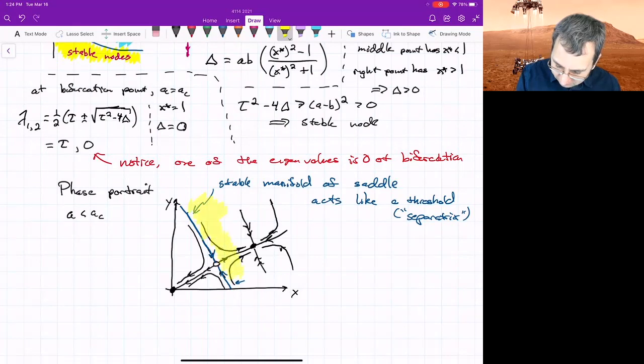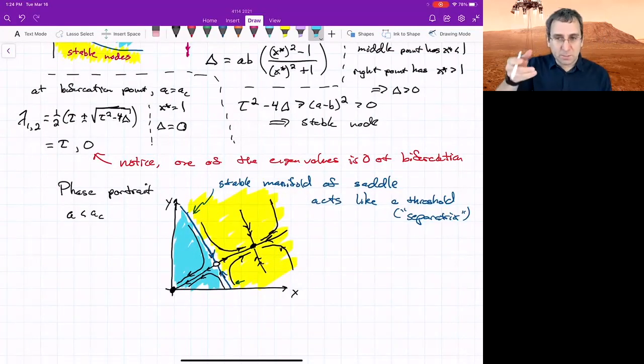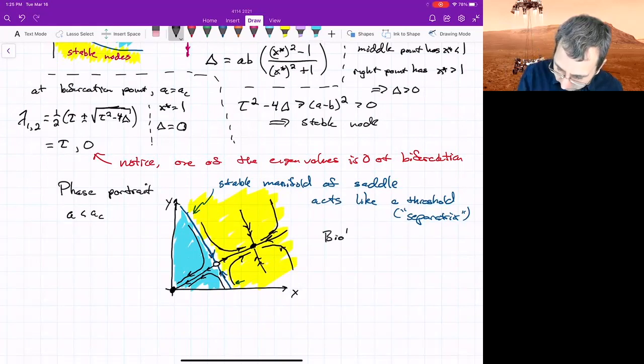You'll be settling down to something that's stable. And if you're below, then you'll be going down to the 0, 0, basically turning off. So in some sense, this is a model for a genetic switch. And as you vary the parameter A, when those two coalesce, then the only fixed point that remains is the 0, 0, meaning this gene is only turned off.